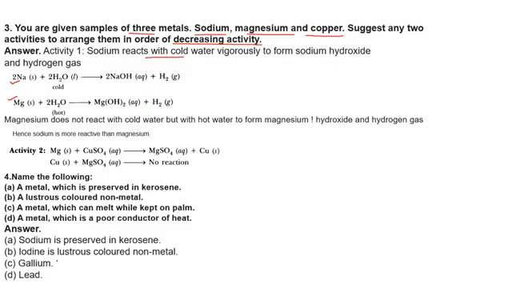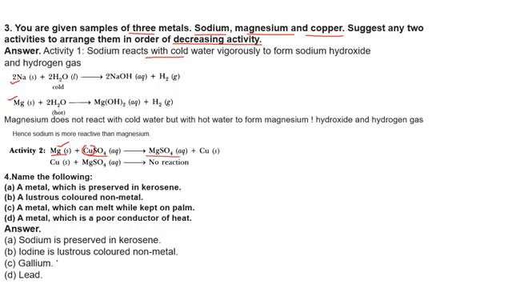So here we can show another activity also. We will dip magnesium in copper sulfate solution. Copper will be replaced by magnesium, because in the reactivity series magnesium is on top, more reactive than copper. So the less reactive metal will be replaced by the more reactive element, and we will get the salt of that element.